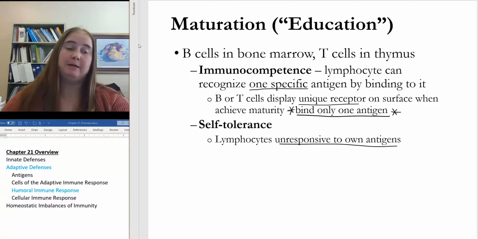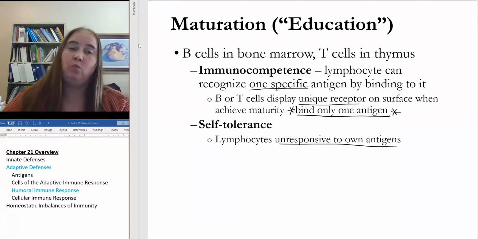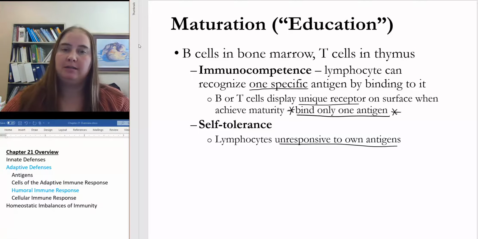Now, we're going to look at this process of maturation in T cells. The process of maturation is better understood in how T cells undergo this education process, but we're going to assume that the maturation process for T cells and B cells is identical.